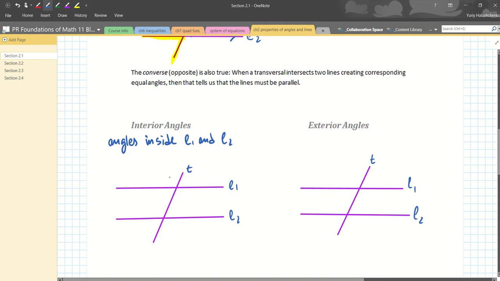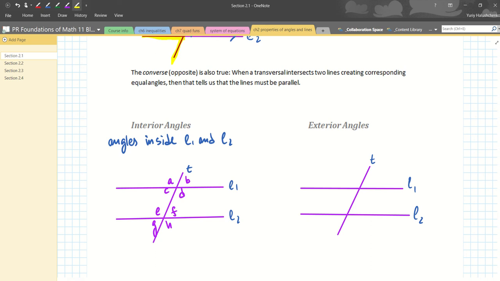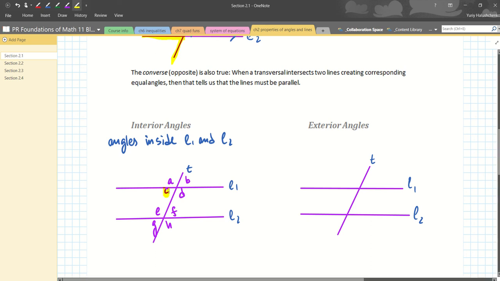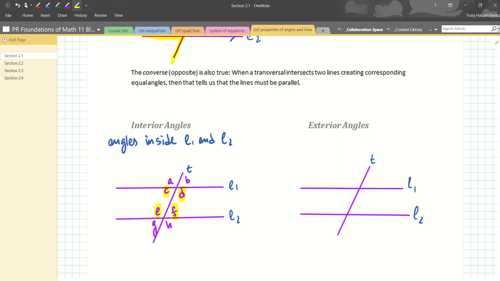Let's say we have angles A, B, C, D, E, F, G, and H. The angles which are on the inside are going to be C, D, E, and F. So these four angles are going to be interior angles.